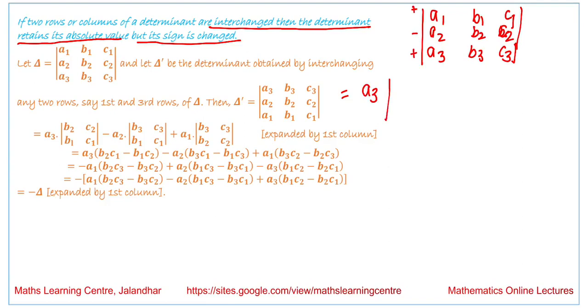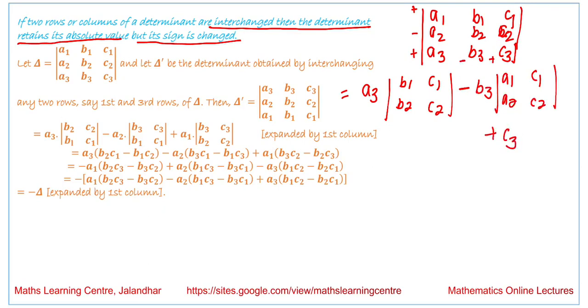Then the minor corresponding to a3 is b1, b2, c1, c2. Then minus of b3, a1, a2, c1, c2. Then plus of c3, and a1, b1, a2 and b2.